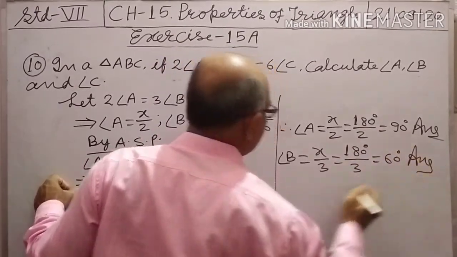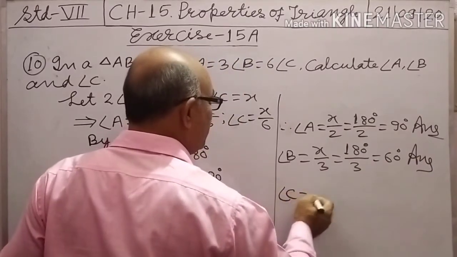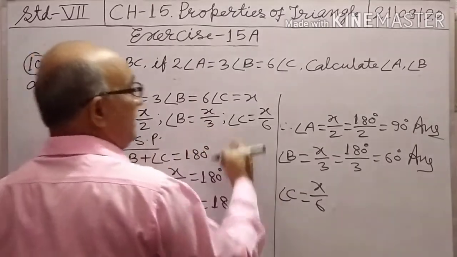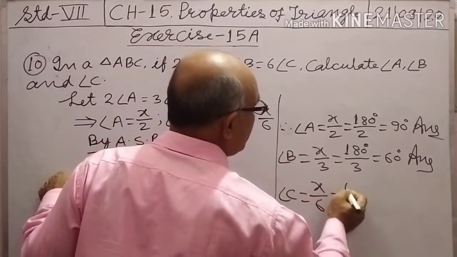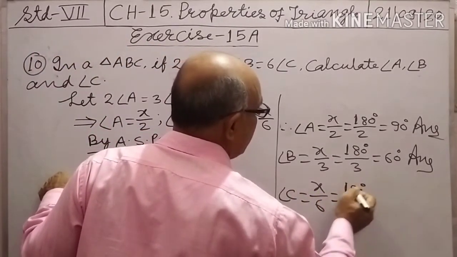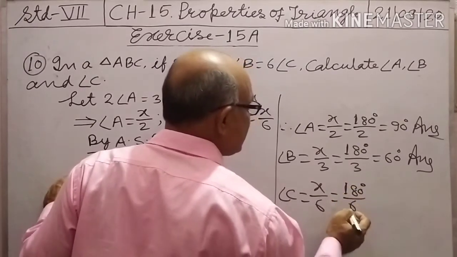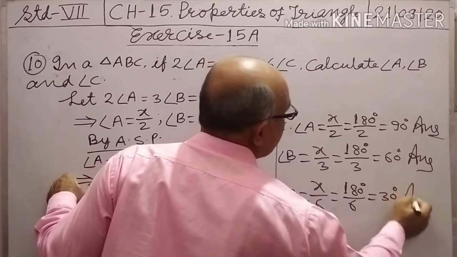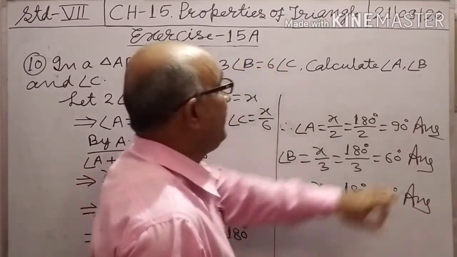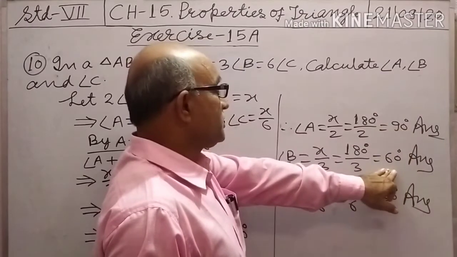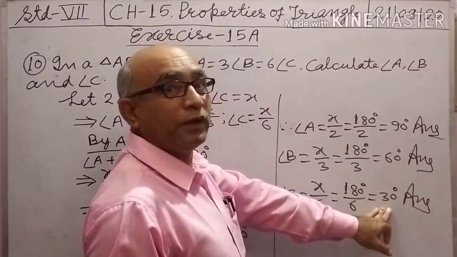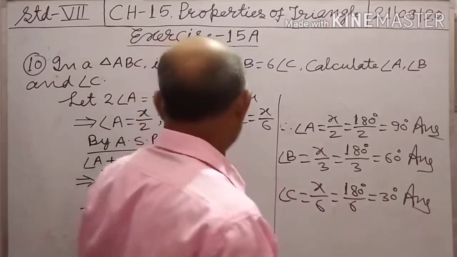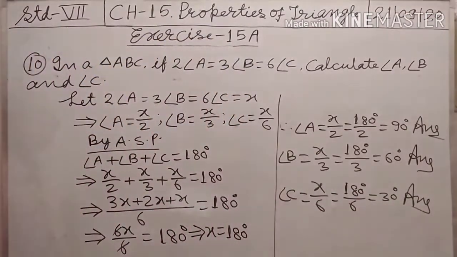Answer. And angle C equal to x by 6 equal to 180 degree by 6 equal to 30 degree. Check here: 90 plus 60, 150 plus 30, 180. The sum of the angles of a triangle is 180 degree. So understand and write it.